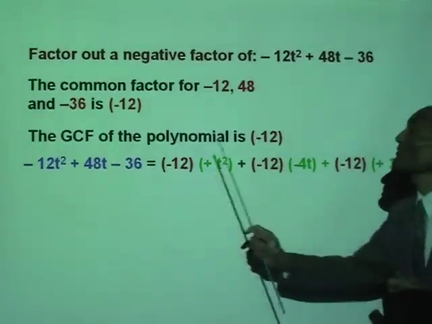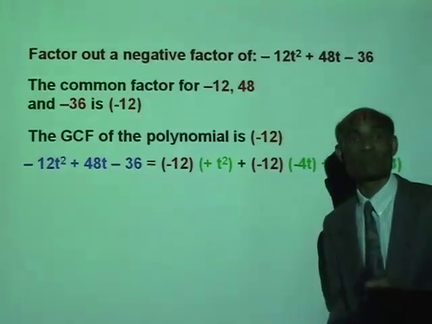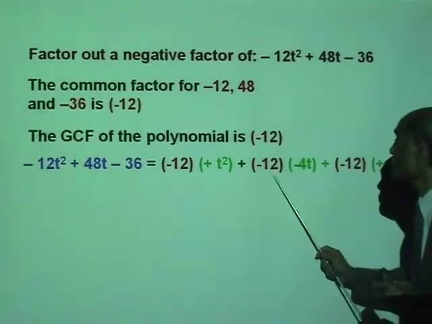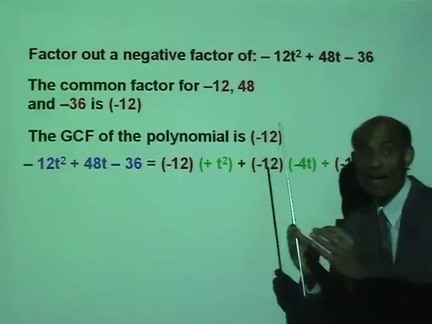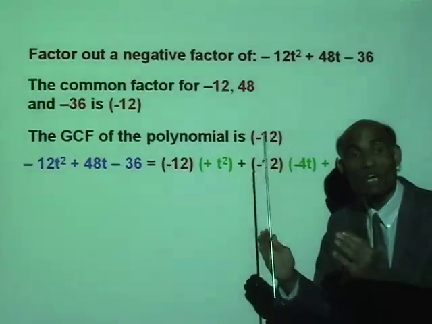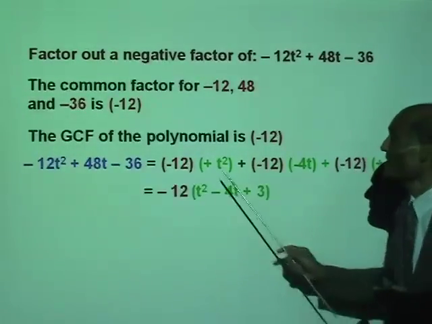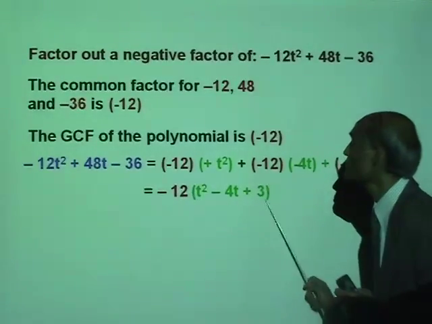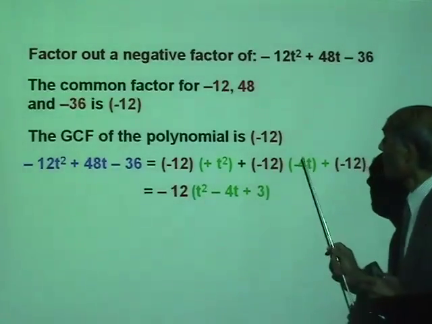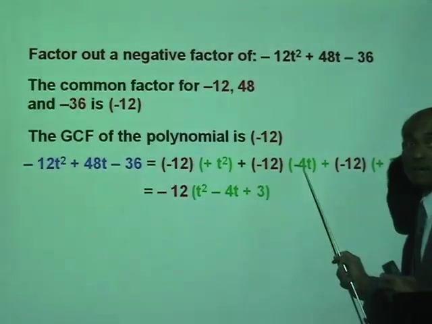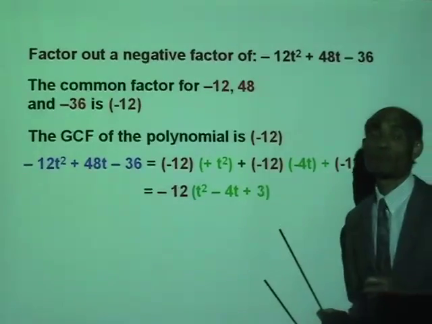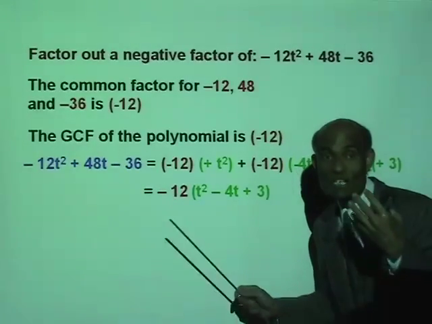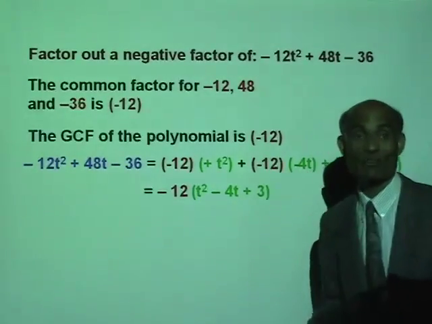Negative 12 times positive 3 is negative 36. And now, what do we have? We have negative 12 as the common factor. We pull that out, and the remaining terms are left inside a parenthesis. So negative 12 is factored out, and inside the parenthesis you have t squared minus 4t, what's that sign? Plus 3. Again, I emphasize factoring out a negative factor is an important skill. You must learn that well.